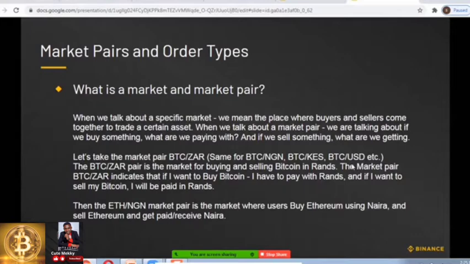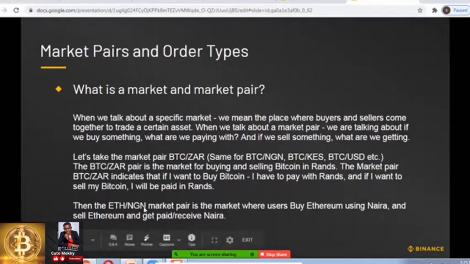And if you want to sell Bitcoin, you will be paid in rands. That is very simple. When you go to your grocery stores and you want to buy any groceries, you have to exchange money, that's fiat, for those groceries, and you'll be given the groceries and you go home with them. So that is exactly what happens in the cryptocurrency market.